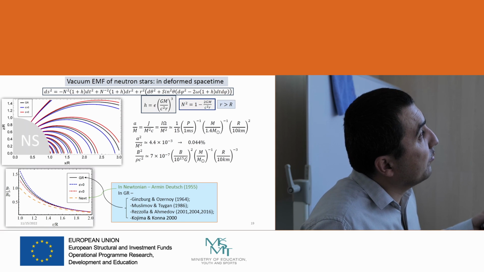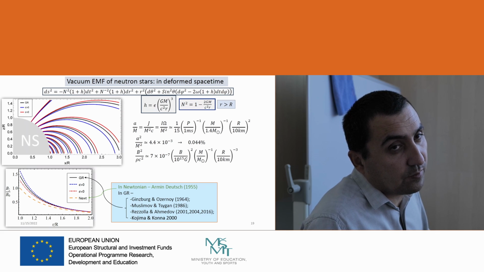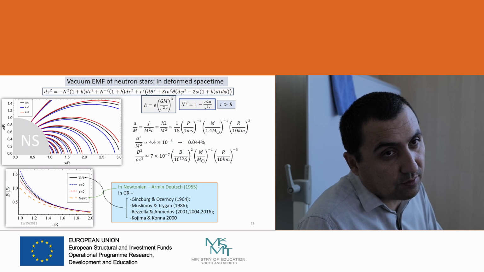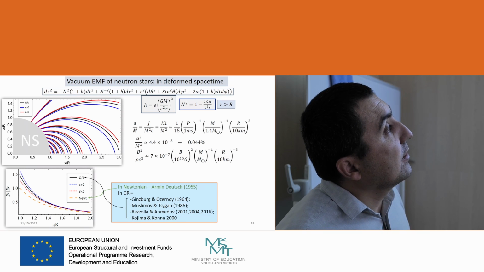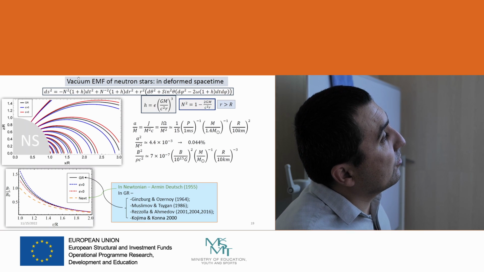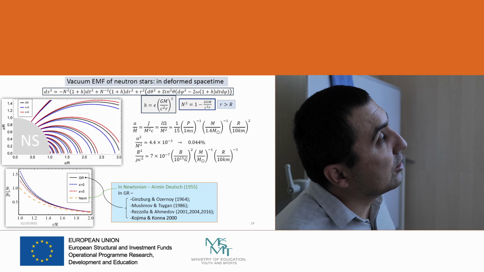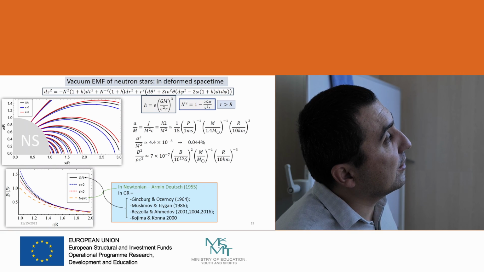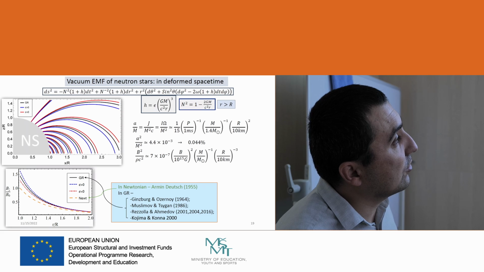These studies have been performed in the slow rotation approximation, because Kerr does not work even for fast rotating millisecond pulsars. The spin parameter of neutron stars we calculate is very small, and the contribution of the square of the spin parameter is very small, 10 to minus 3.